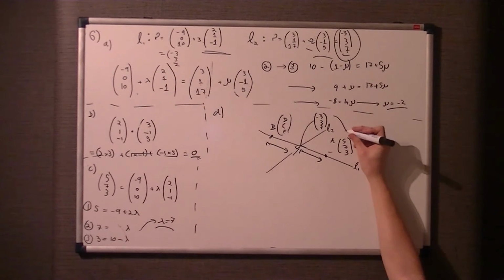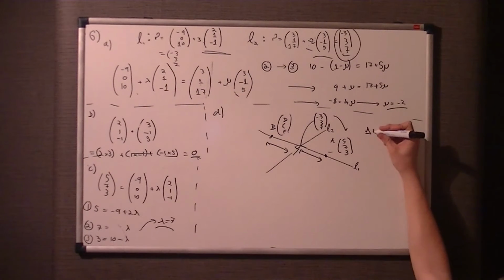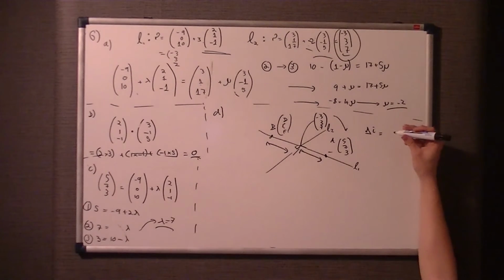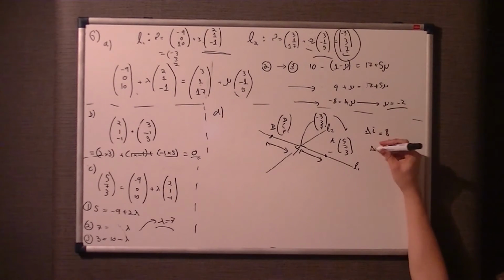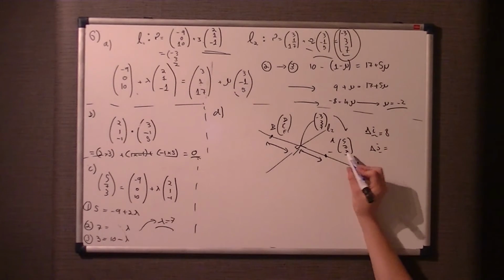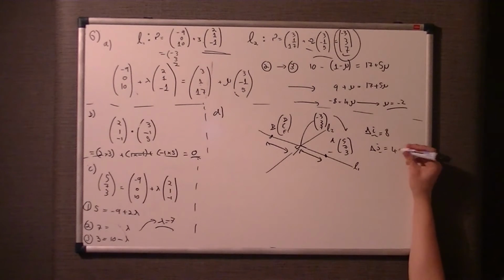The change in the I coordinates is 5 minus 3... so the change is 8. The change in the J coordinates is 7 minus 3, so that's a change of 4.